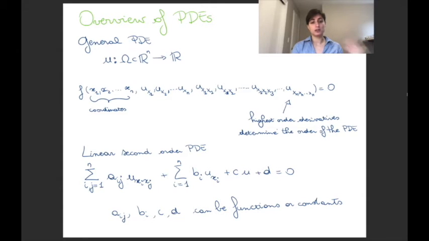You have a sum of aij, that could be anything, multiplied by the second derivatives of u with respect to any couple of variables, plus a sum of bi times u derived with respect to one variable, plus cu plus d equal to 0, where aij, bi, c, and d can be functions in general, or usually constants. And what we dealt with was only the constant situation.